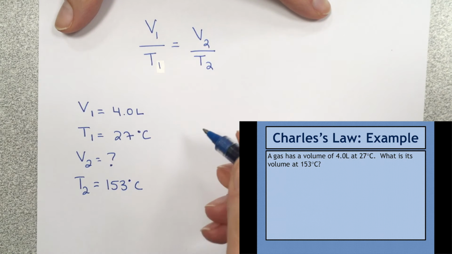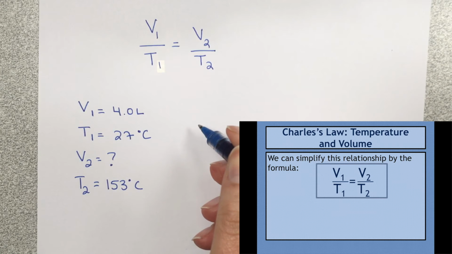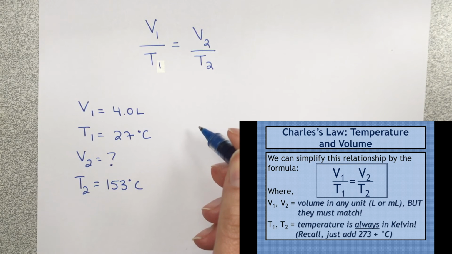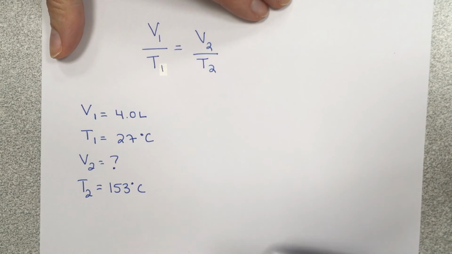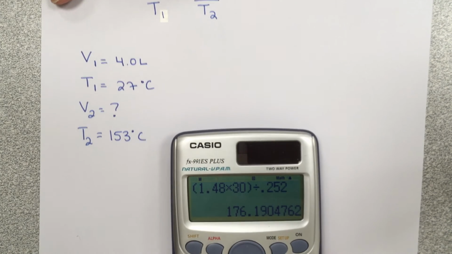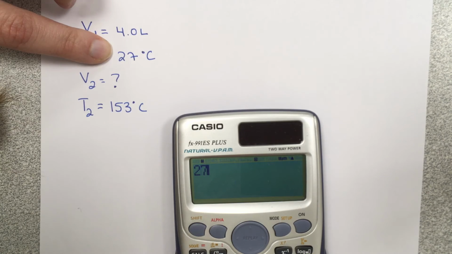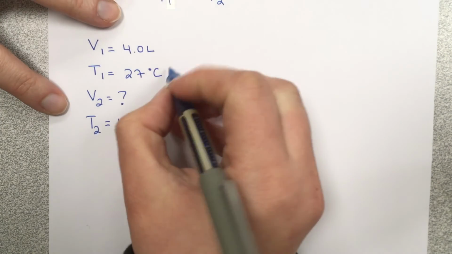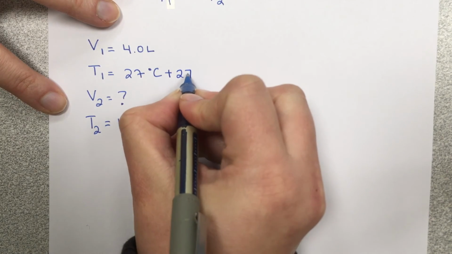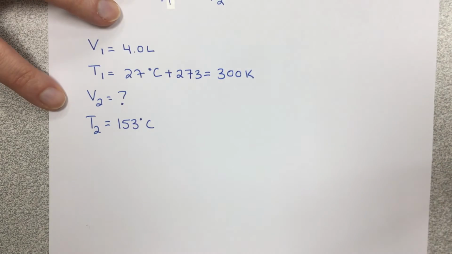So always remember the rule prior that says the temperature is always in Kelvin, okay? So we just add 273 to the temperature. Here, the first temperature is 27, so you add 273, so that's 300 Kelvin.